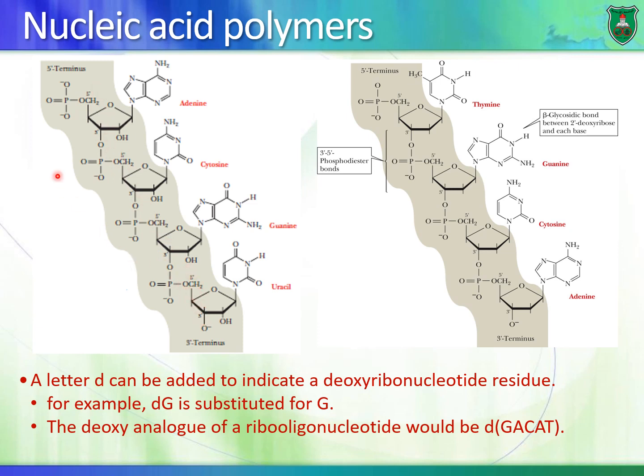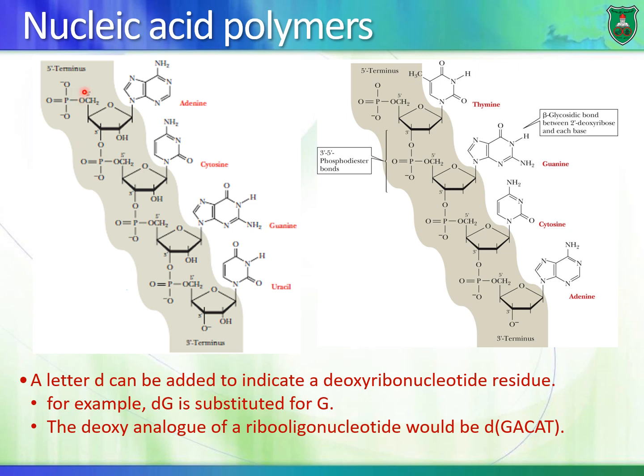Now note the numbers right here. This here is known as the 5' end or the 5' terminus, and the other end is known as the 3' end or the 3' terminus. So it is a polar molecule, meaning that it has two different ends.